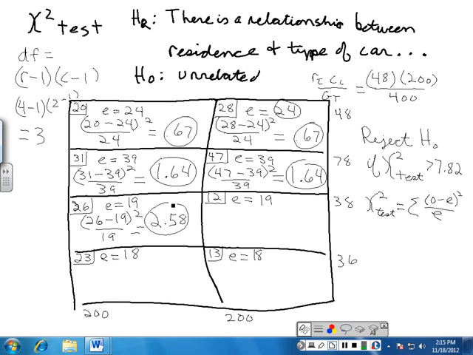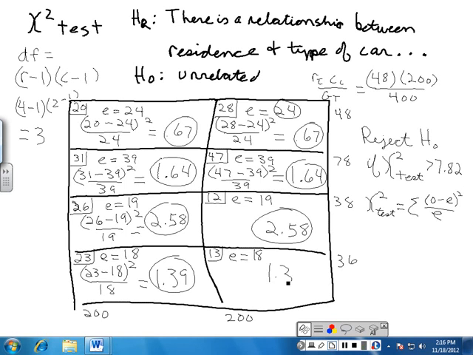And I'm just going to tell you over here, as I said a second ago, that's going to be 2.58. And then here we've got 23 minus 18 squared divided by 18. And that's equal to 1.39. And this one will also be 1.39.